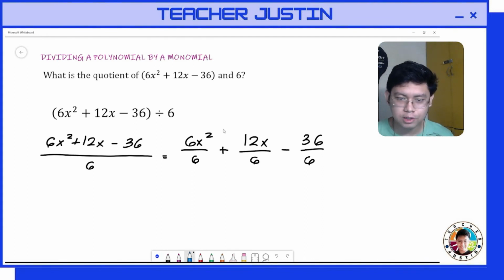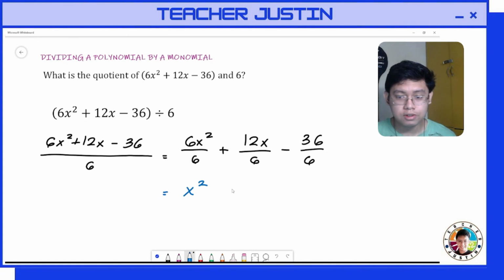Now, let's start first with our first term, 6x squared divided by 6. In dividing monomial by monomial, we will divide the coefficient by the coefficient, variable by variable. So we have 6 divided by 6, that will be 1. So it will just be x squared. For our second term, we have 12x divided by 6.